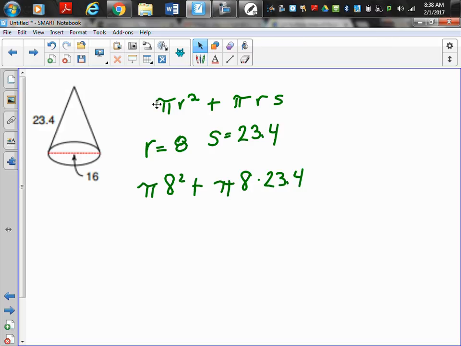All right, so you plug that into your calculator. And it will chug out an answer.